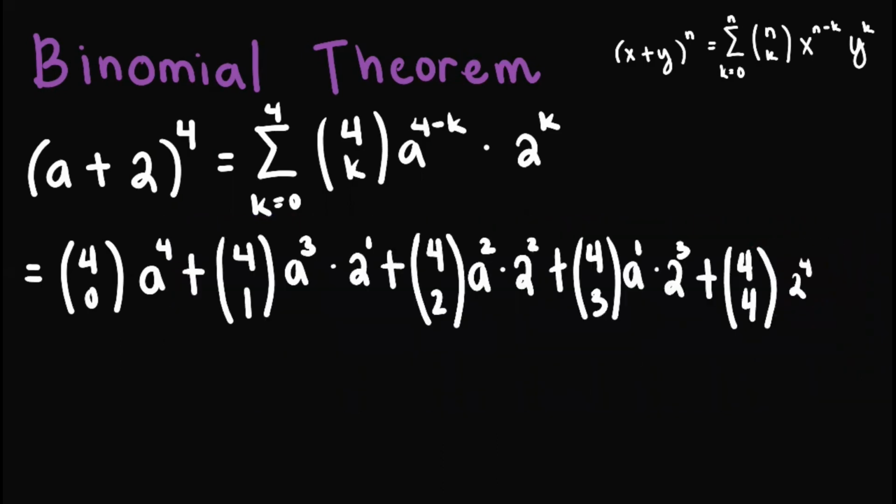Now, furthermore, we can also simplify the powers of 2 out here. So first, note that 2 raised to 1 is simply 2, so we can remove the exponent out here. 2 squared will result to 4. 2 cubed will result to 8. And 2 raised to 4 will result to 16.